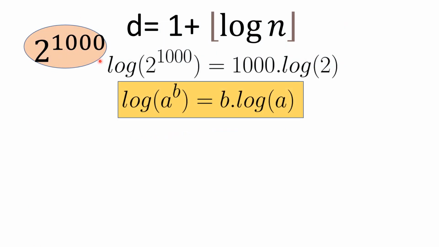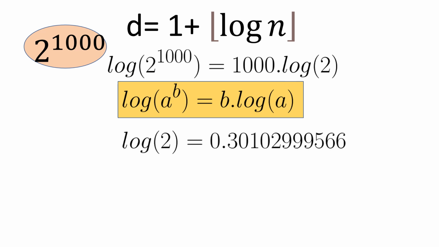Plug it in. d equals 1 plus the floor of log of 2 to the power 1000. Using the log rule, log of a to the power b equals b times log a, we get log of 2 to the power 1000 equals 1000 times log 2.